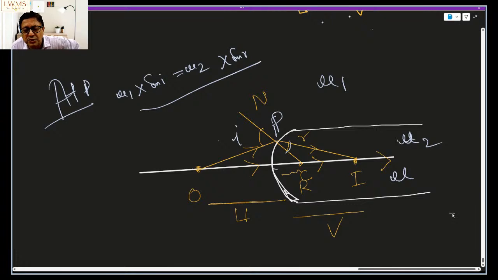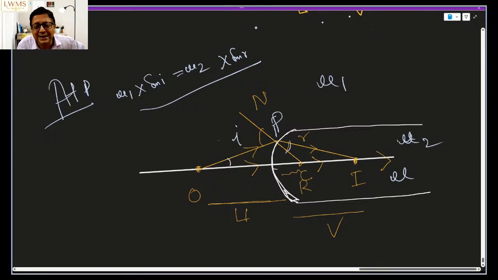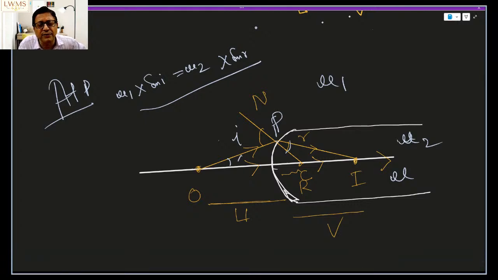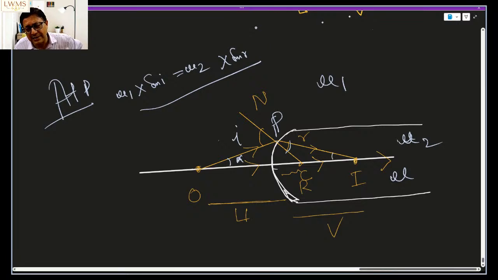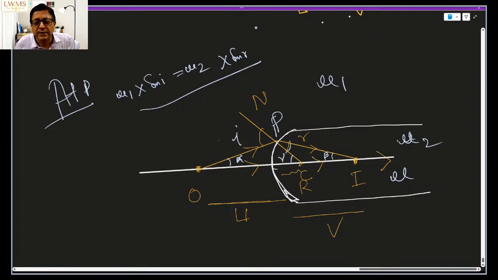I am drawing the diagram, showing you the diagram. This angle, the incident ray with the principal axis, let it be alpha. The refracted ray with the axis is beta, and this one is gamma. Clear?